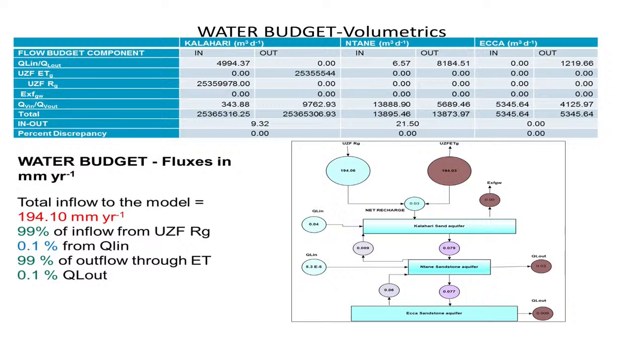Again, 99% of the outflow in the area was due to evapotranspiration, given that the temperature is very high and the land is exposed, so evaporation is very high. Only 0.1% of the outflows were through lateral losses. That was just a diagram to show the water budget, which is presented in the table above. Next.